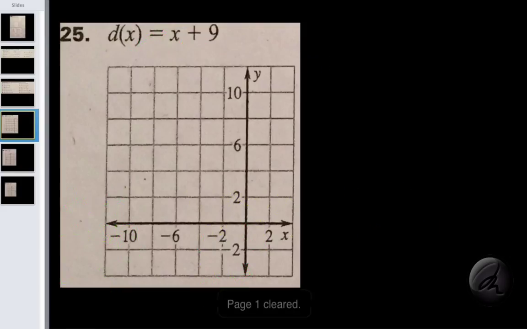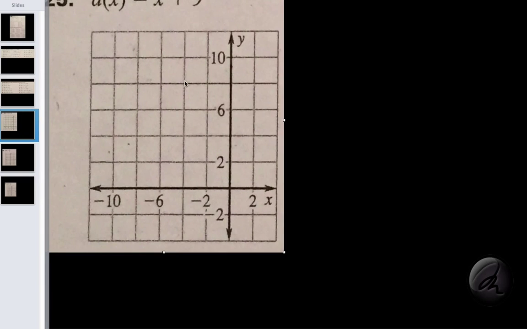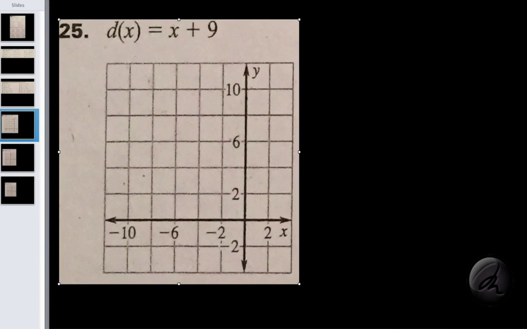Let me erase this. D of x equals x plus 9. So we want to graph that. So one of the first things we want to look at is, okay, this is already in our standard y equals mx plus b form, and that d of x equals 1x plus 9, right?